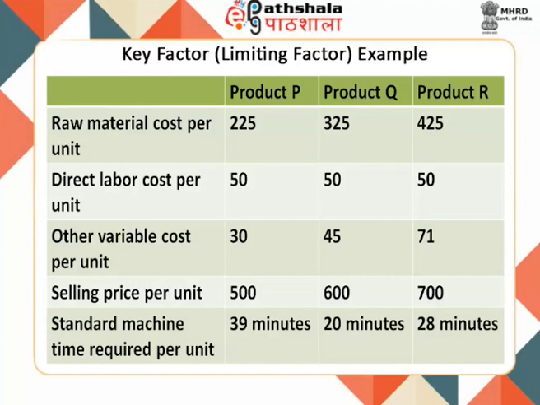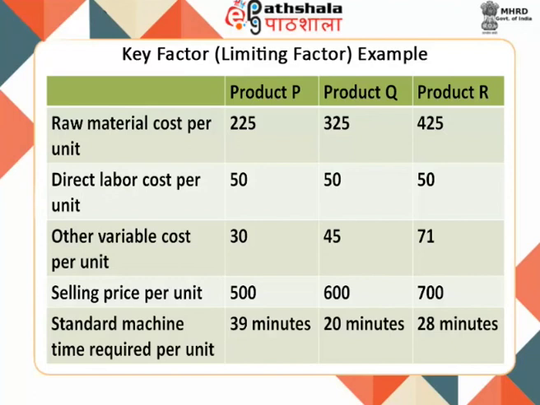The raw material cost per unit, direct labor cost per unit, other variable costs per unit, selling price per unit, and standard machine time required per unit have been given as shown here in the table. During the year, the company faces an extreme shortage of raw material. It is noted that 3 kg, 4 kg, and 5 kg of raw materials are required to produce 1 unit of P, Q, and R respectively.